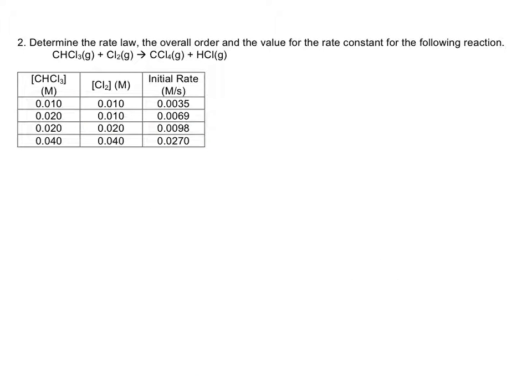For this particular problem, I didn't realize when I made your note packet that I had stuck one in accidentally that has a fractional rate. So first let's write the general rate law. So we have two reactants here, so the rate equals K times the concentration of CHCl3 to the X times the concentration of Cl2 to the Y. And it turns out that Cl2, that Y value, is not a whole number.